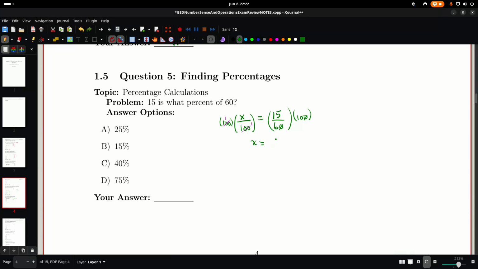So it's 15 times 10, which gives me 150, and then it's 150 divided by 6, which gives me 25%. All right, so that's A is the best option there. All right, very good.